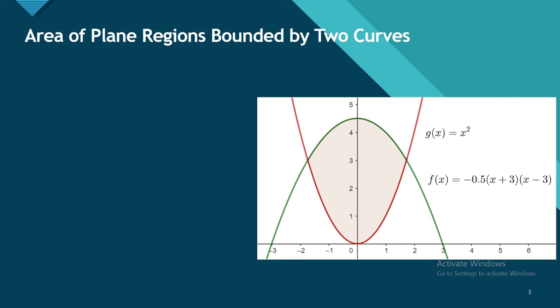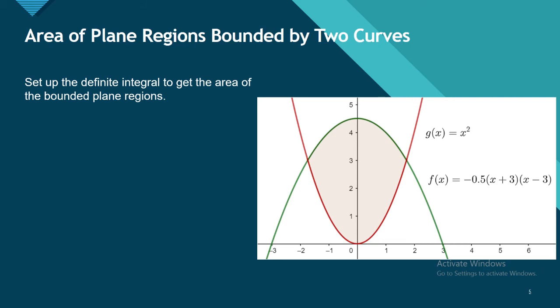How about this one? Set up the definite integral to get the area of the bounded plane region. Again, we pay attention to the function that bounds the plane region above, and that's going to be g of x. No, it's not g of x equals x squared, I'm sorry.